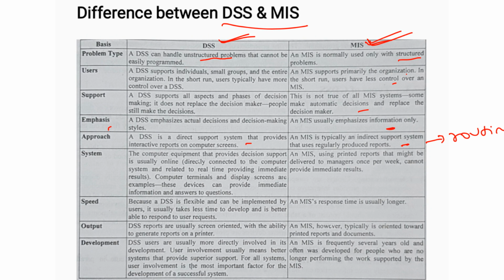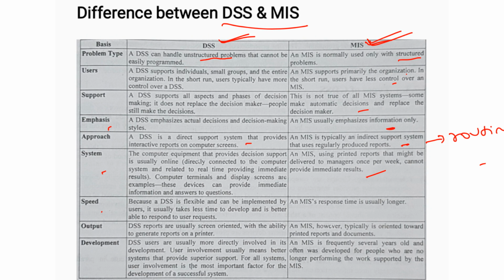At that time, whatever information is required, based on that it will provide reports. System: the computer equipment that provides DSS is usually online. Here it will be printed reports that might be delivered to managers once a week or once a month, like predetermined preset timings. This one is real time, whenever they require it.